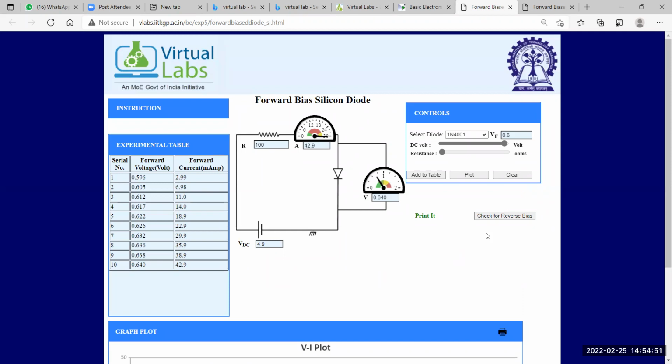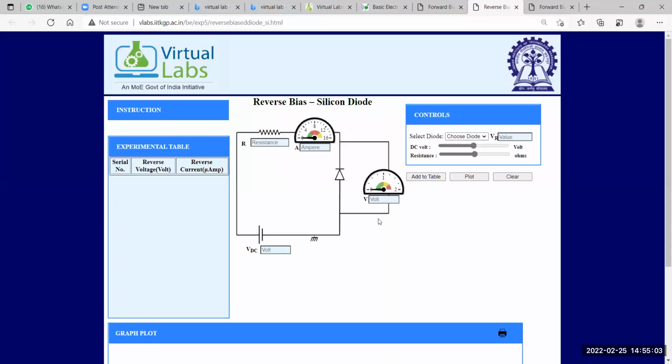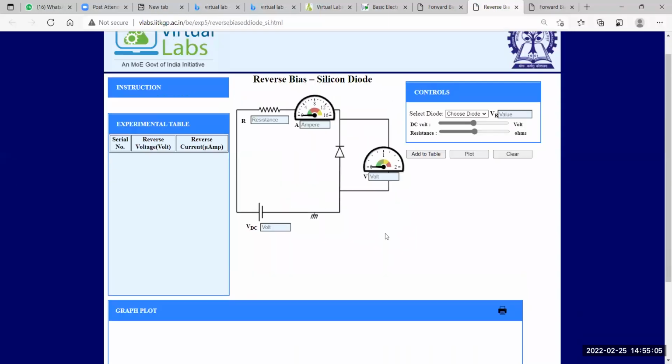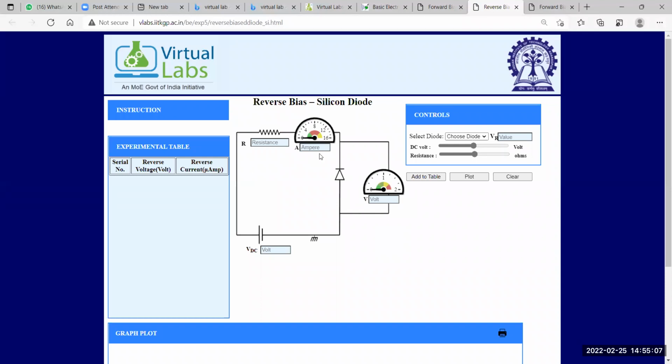And next we have to go for the reverse bias condition. Okay, so this is the reverse bias condition.